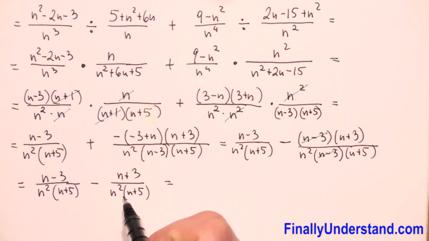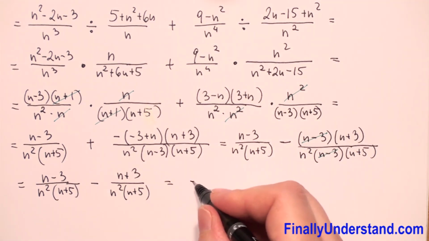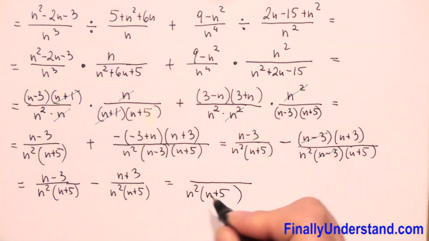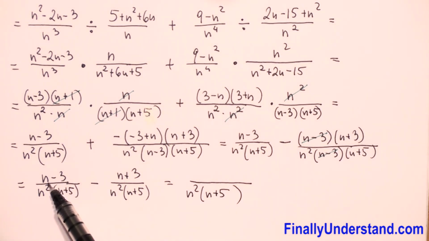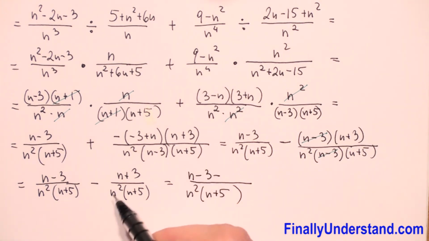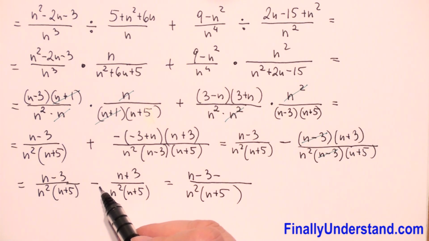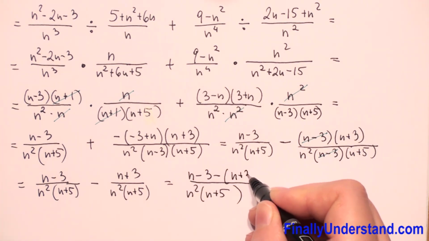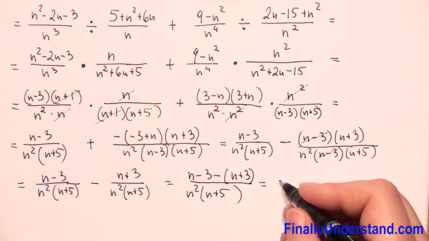We have subtraction, we have the same denominators, so we have to copy denominator, and we have to subtract numerators. We have n minus 3 minus, before this whole fraction we have negative sign, so I have to put in parentheses n plus 3.